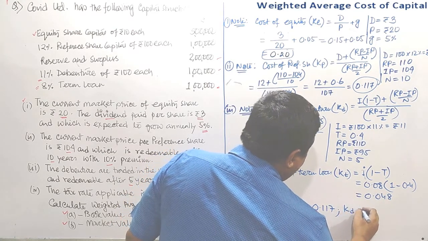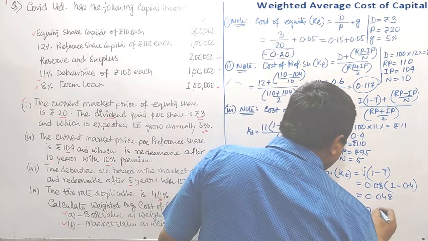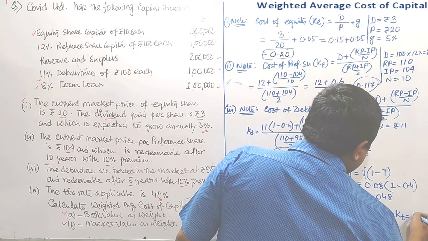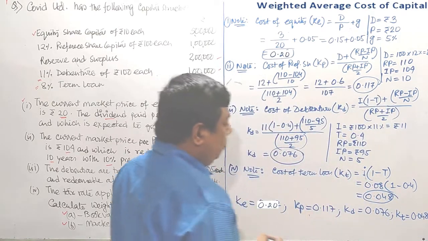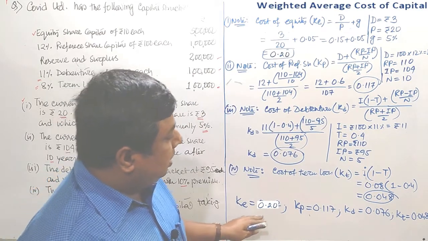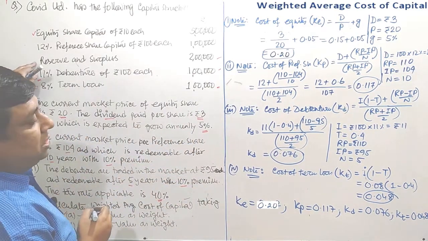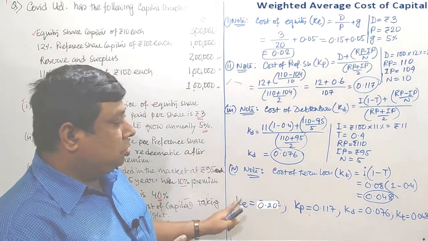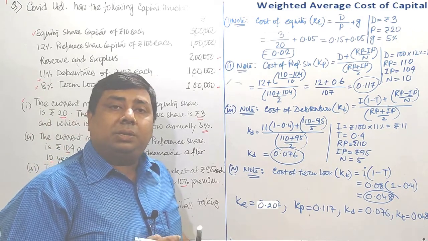Next KD, cost of debenture, is 0.076. Finally KT is 0.048. We have counted each and every component available in the cost structure. Generally, in case of reserve and surplus, we won't count any specific cost, as cost of equity is considered as the cost of reserve and surplus.